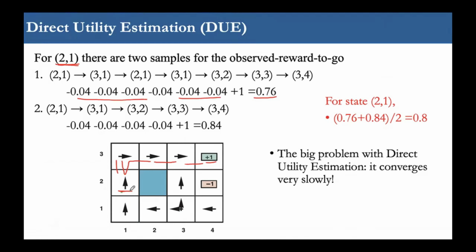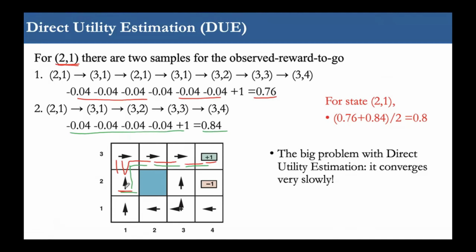Now consider the agent is in 2, 1 position. From here the agent moves to 3, 1, and from 3, 1 to 3, 2, from 3, 2 to 3, 3, and from 3, 3 to 3, 4. Okay, now it again reaches the positive goal. Now we need to calculate the total reward value. So we calculate here, and we are getting the total reward value as 0.84.